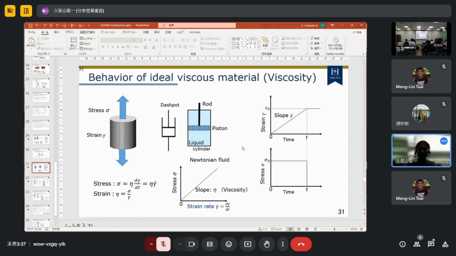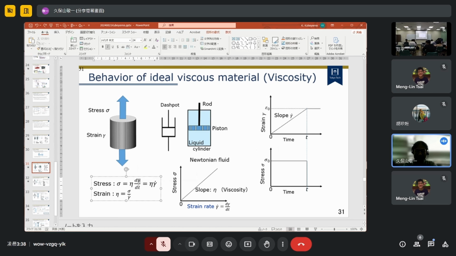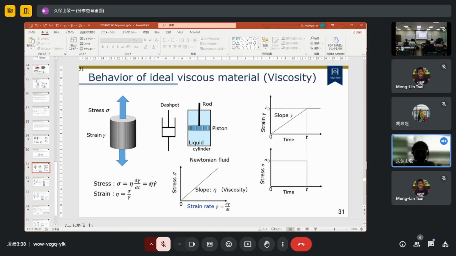So the important point is the strain rate, not the amount of strain. In the case of a viscous material, the stress is proportional to the strain rate, and the proportionality constant is called viscosity.